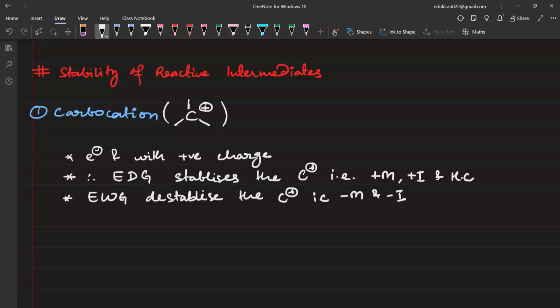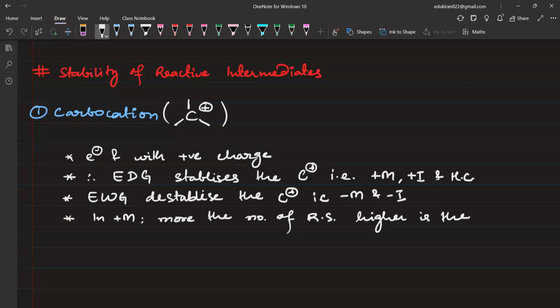Okay. Another point, when we are looking at plus M, in plus M, more the number of resonating structures, higher is the stability. ठीक है?